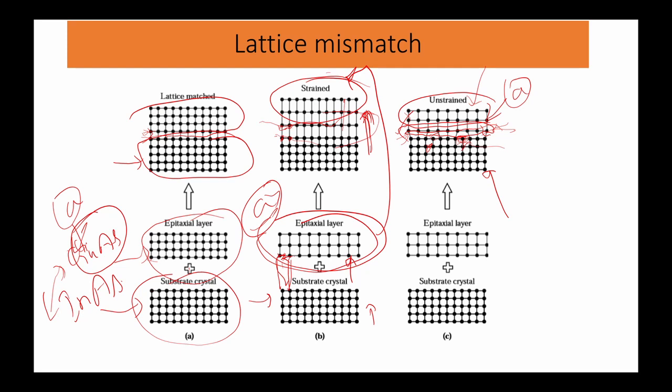But if we want to grow a very thin layer of this material, like 2, 3 nanometers, 1, 2 nanometers, there might be some cracks in the film because of the lattice mismatch. There may also be grain boundaries because of this lattice mismatch.